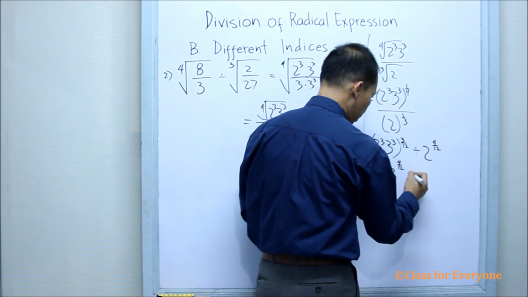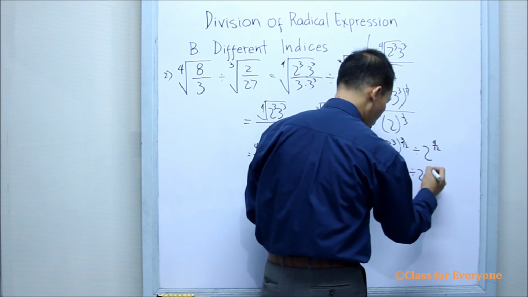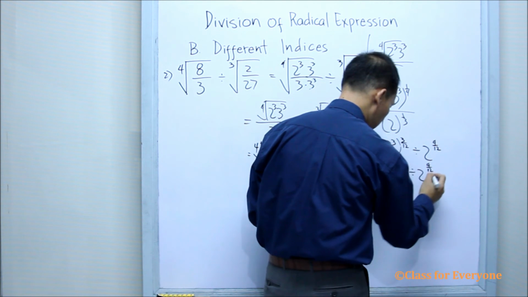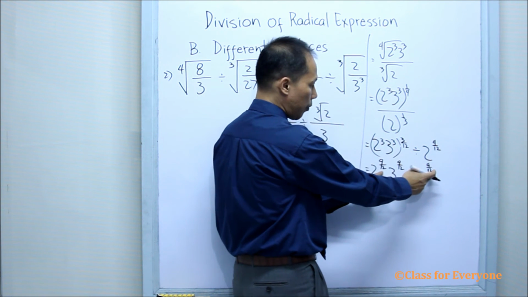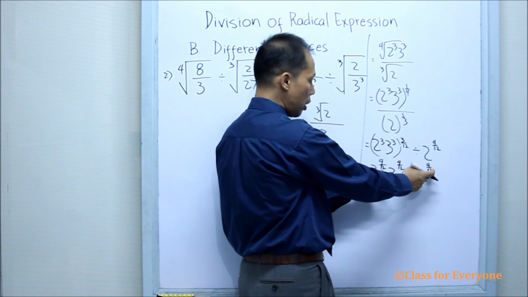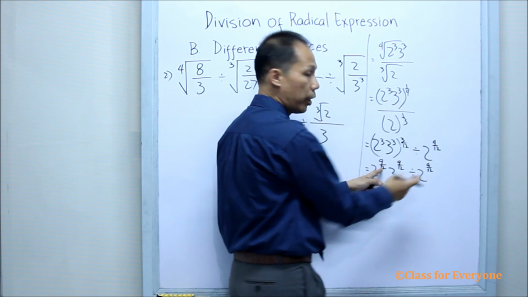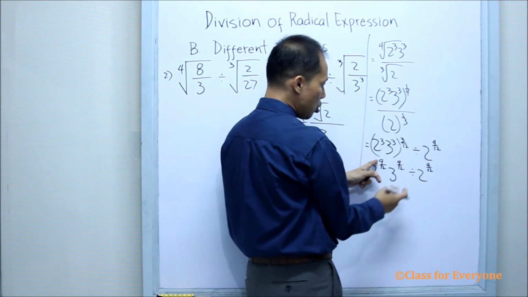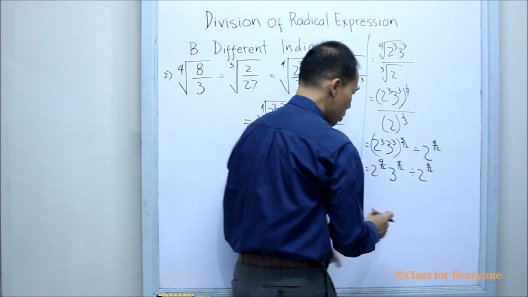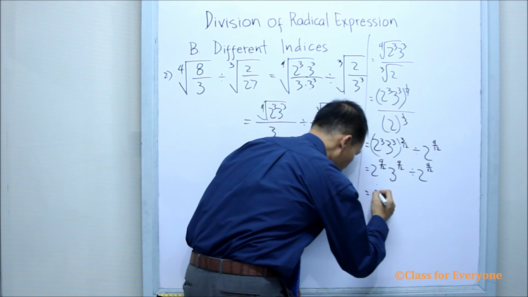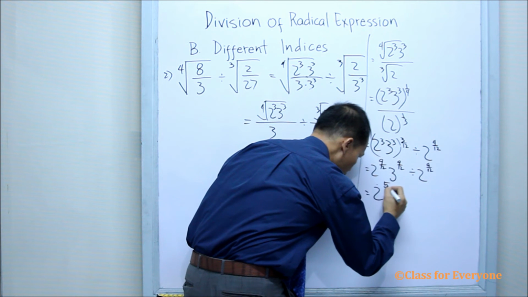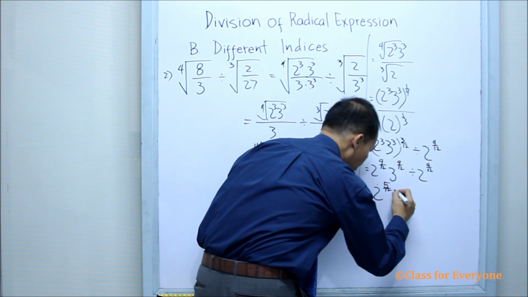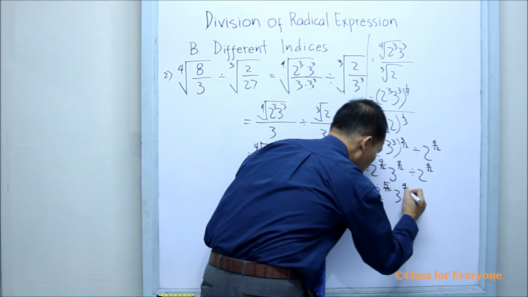And then divide it by 2 raised to 4 over 12. Since we have the same denominator, and it is already similar fractions, we can now subtract. Now the difference between 9 over 12 and 4 over 12 is 5 over 12. So that will be 2 to the 5 over 12, and then times 3 to the 9 over 12.